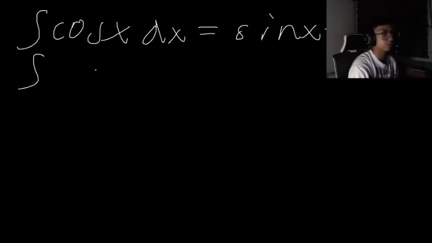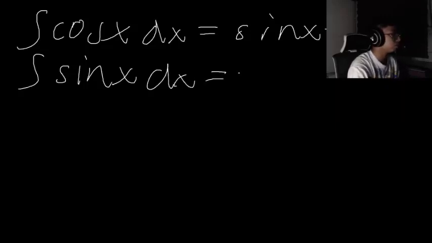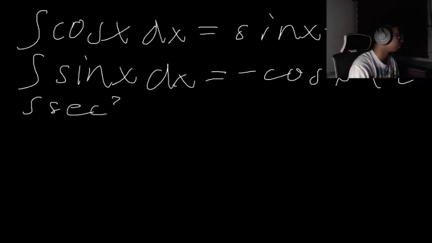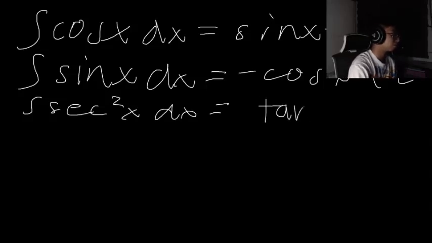You have to memorize this guys for it to be easy. Now next is sine x dx is equal to negative cosine x plus c. Next in line is secant squared x dx is equal to tan x plus c.